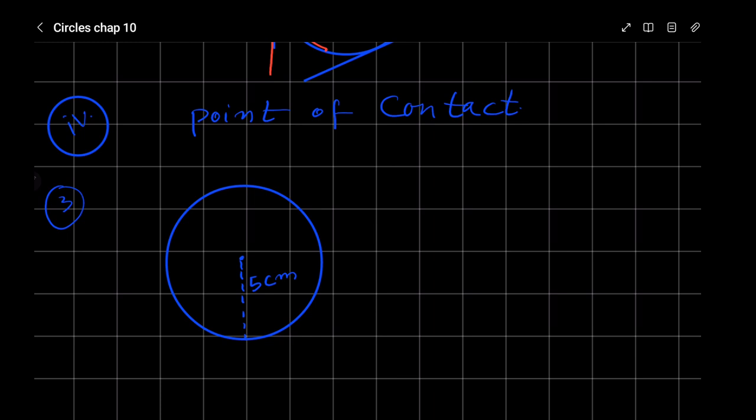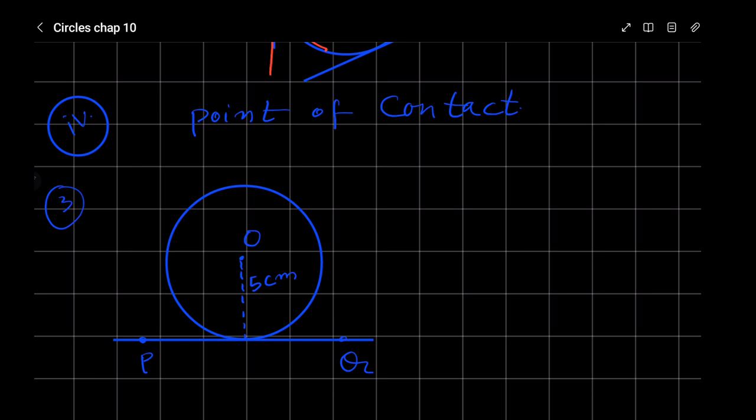And the tangent is P and Q. So let us name it. And then it mentions that the center is O.